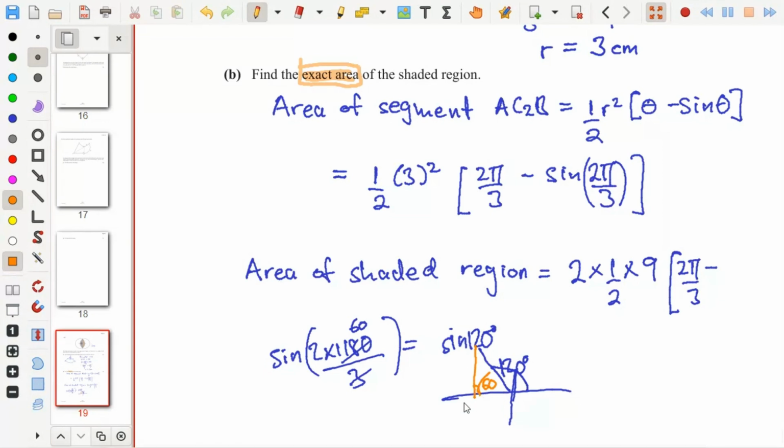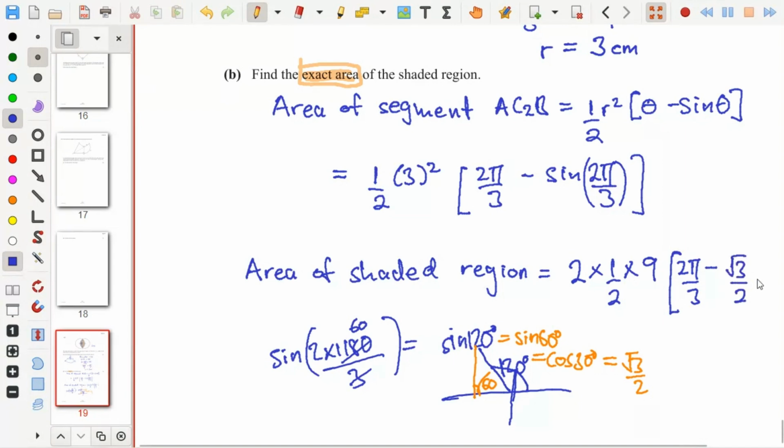Now, in the second quadrant, sine is positive. Now we know that sine 60 is the same as cos 30, which is root 3 on 2. So a little bit of trick in there. Root 3 on 2. So that's what we have found.